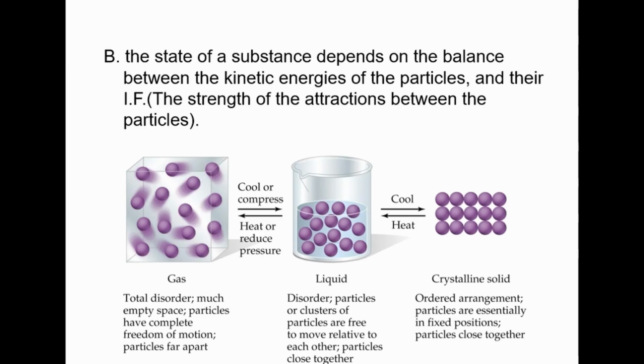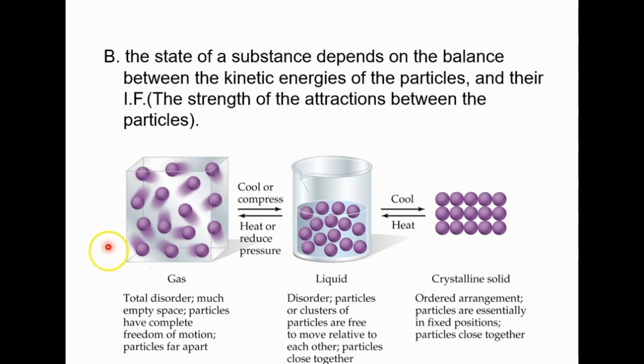Right, so the state that we find the element or chemical sample in depends on the balance between the kinetic energy of the particles and the intermolecular attraction between them. I might have told you on day one of lecture that temperature is a measure of average kinetic energy, not hotness or coldness.